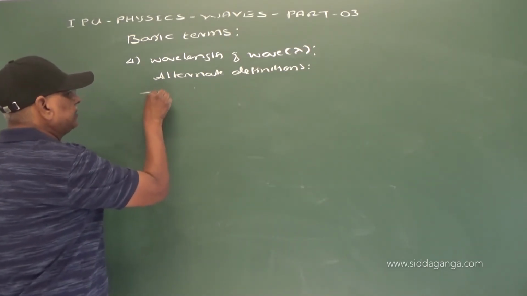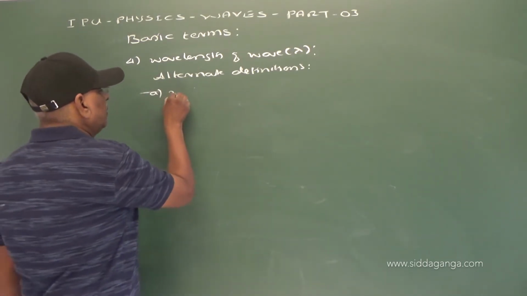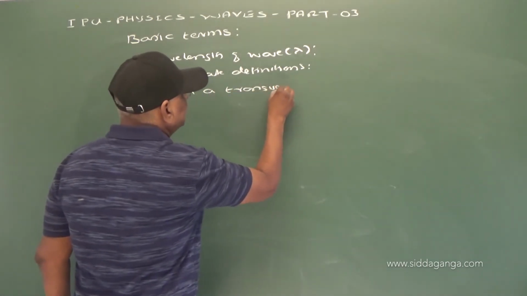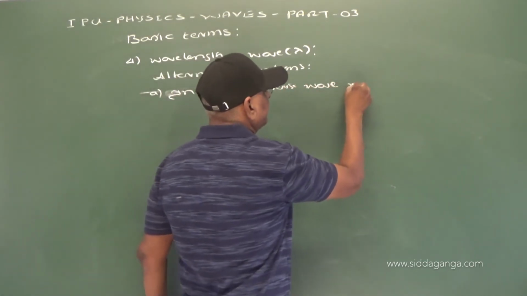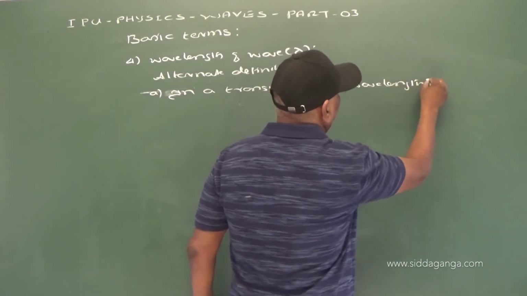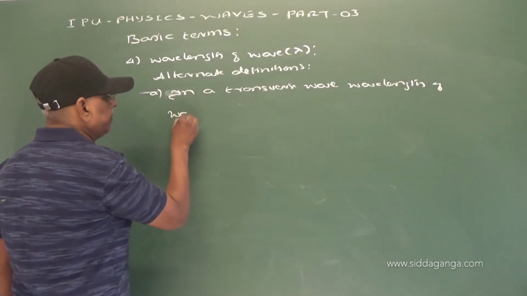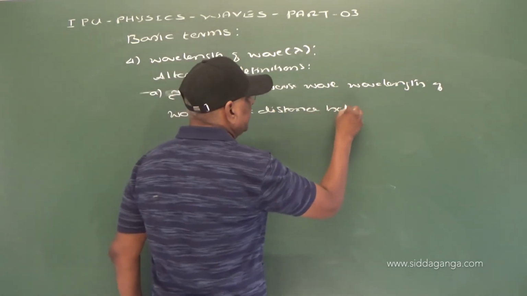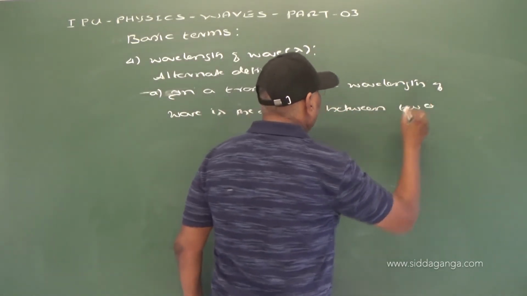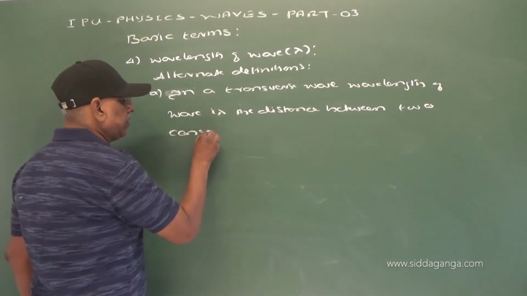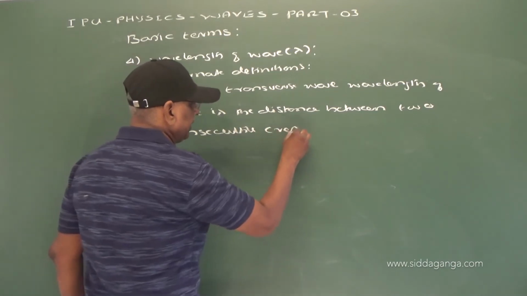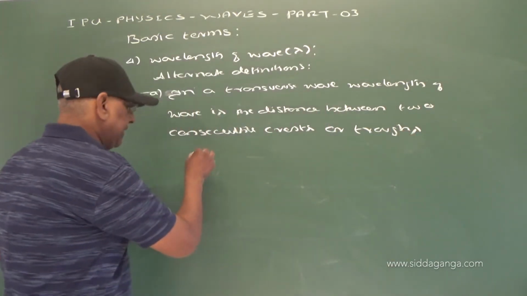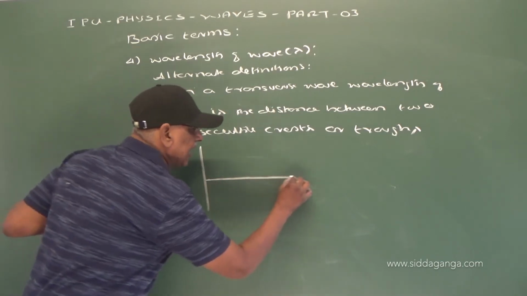Now we have A. In a transverse wave, the wavelength of a wave is the distance between two crests or troughs. So again, the same diagram we can take.